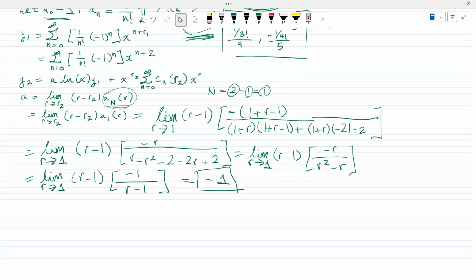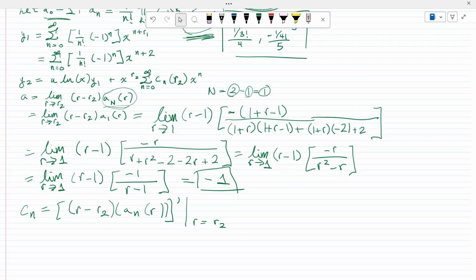So our general equation for Cn is r minus r2, sorry, r minus r2 times an in terms of r, all of this prime, so we're taking the derivative of this, and then we have to evaluate this at r equals r2.